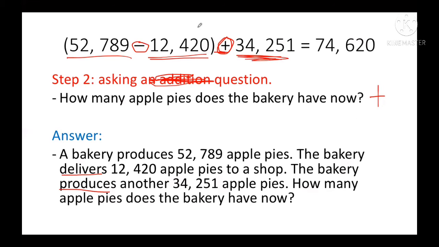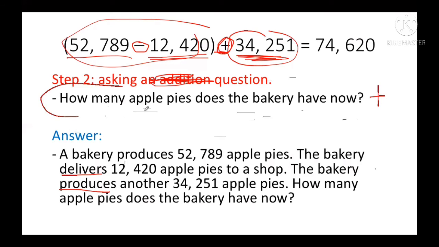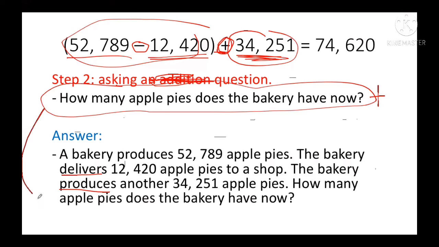That means we will minus the second and add this other set of apple pies. How many apple pies does the bakery have now? I'm just copying this from my step two and putting it here in the question. So remember, you are the one to choose the words you want to put here.